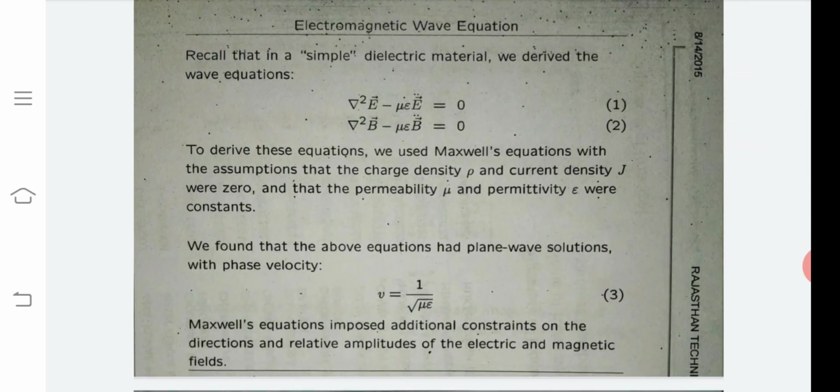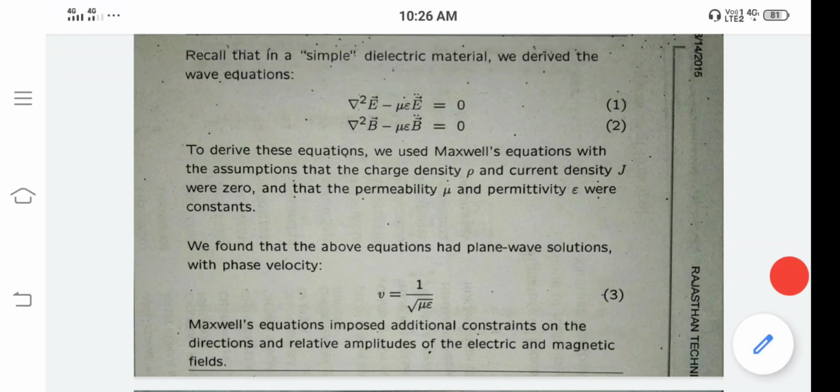Recall that for simple dielectric materials, del square E minus mu epsilon d squared E by dt squared equals 0, and del square B minus mu epsilon d squared B by dt squared equals 0. To derive this equation, we used Maxwell equations with the assumptions that the charge density rho and current density J are zero and that the permeability mu and permittivity epsilon were constants.